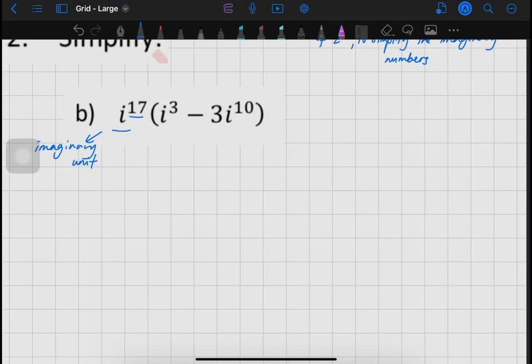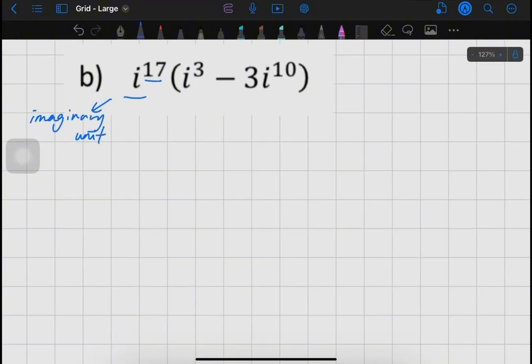17 cannot be divided by 2, but we can factorize it. i to the power of 2 times 8 plus 1, times i, minus 3 i to the power of 2 times 5 to get 10. We can make it i to the power of 2 times i.